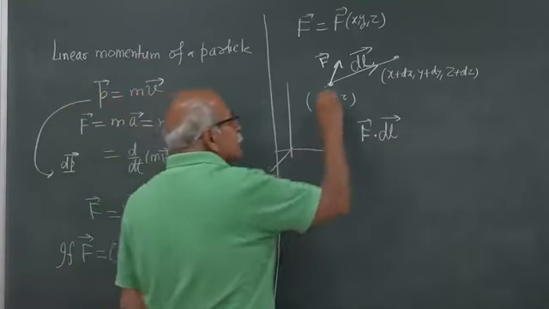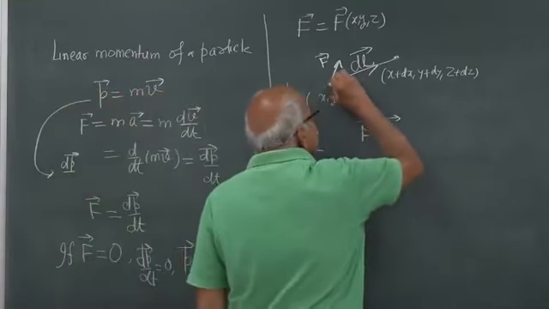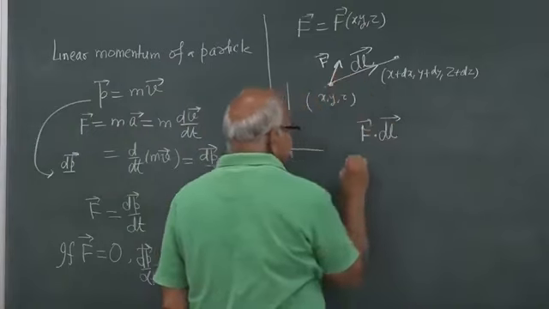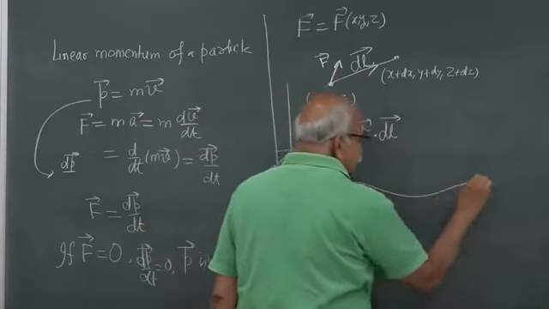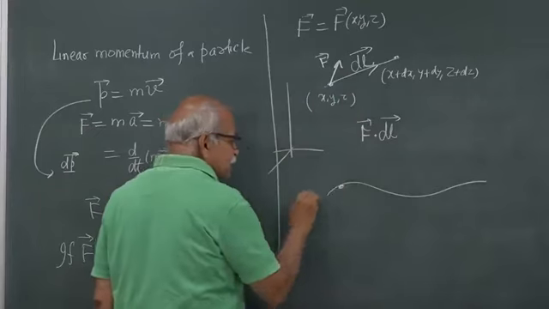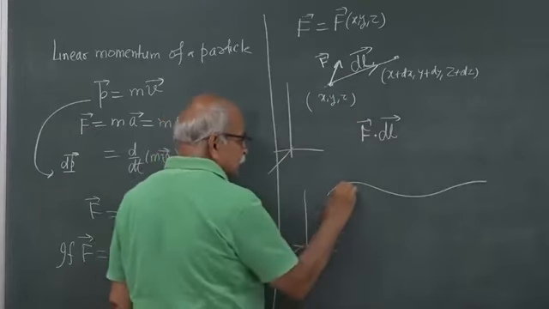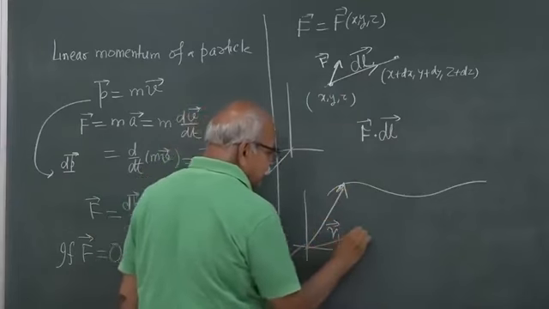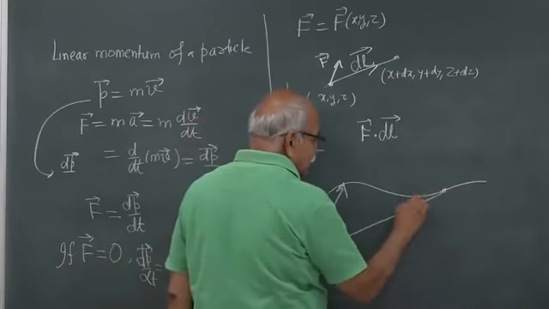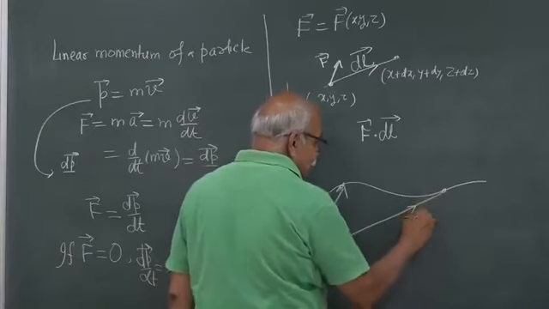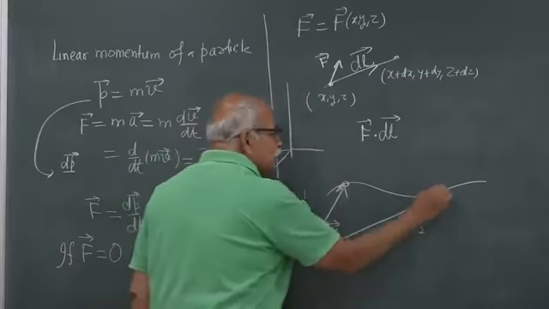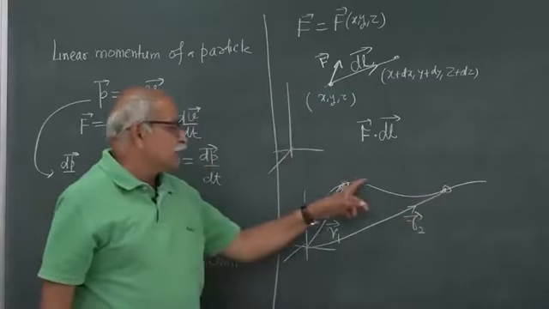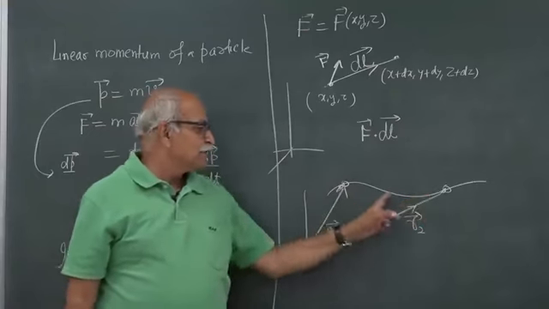And you can take some curve. Let me take the curve somewhere here, and here is a point, this vector is r1, and another point, we call this vector r2. So, now I am going from here to here, a big distance, not infinitesimal.